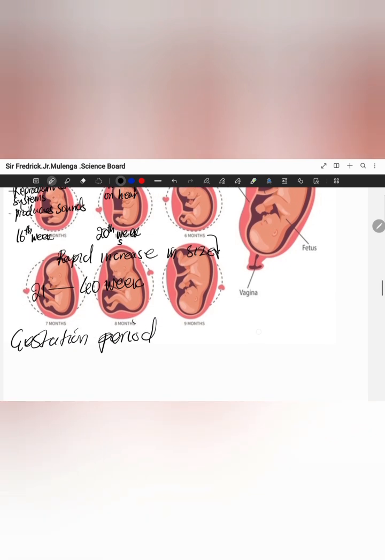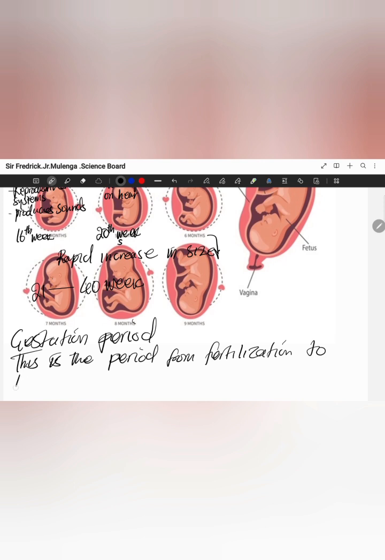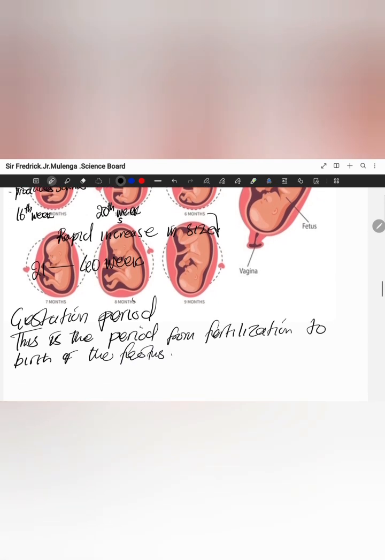So if you are asked to define gestation period, this is the period from fertilization to birth of the fetus. So that's how we can define gestation period.